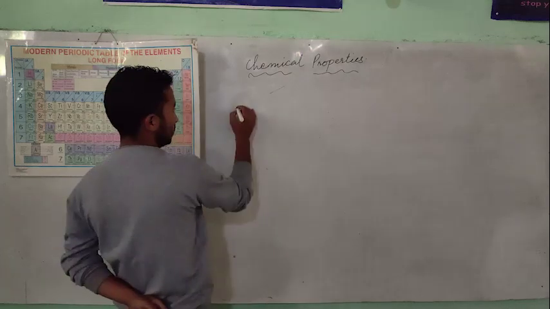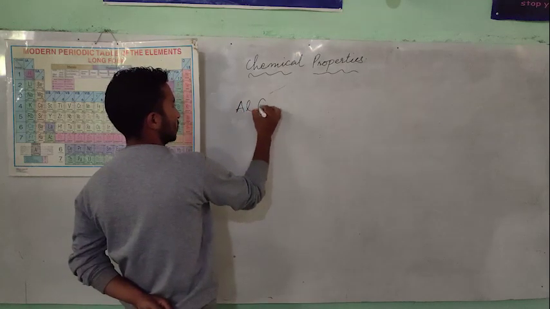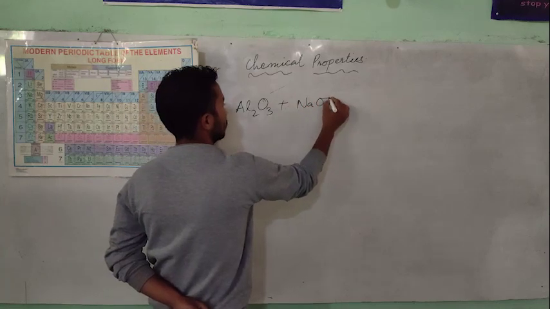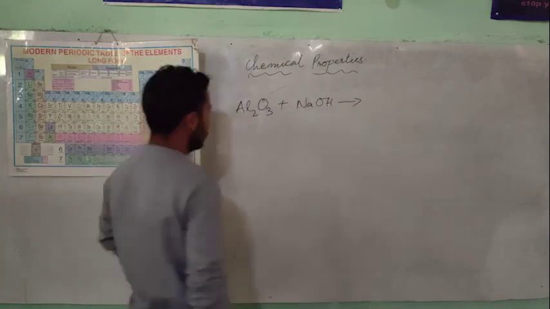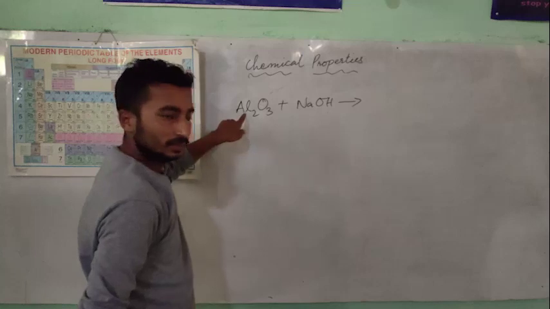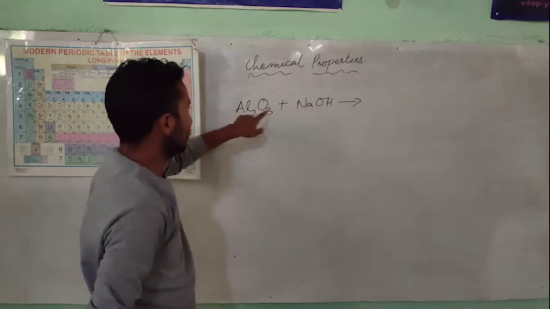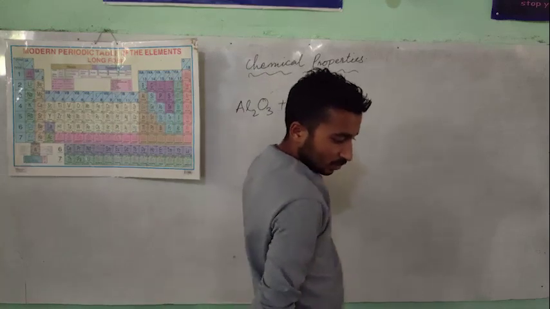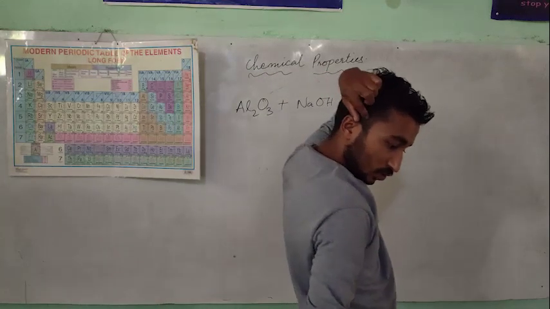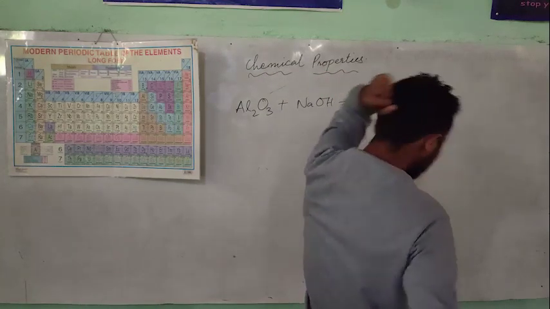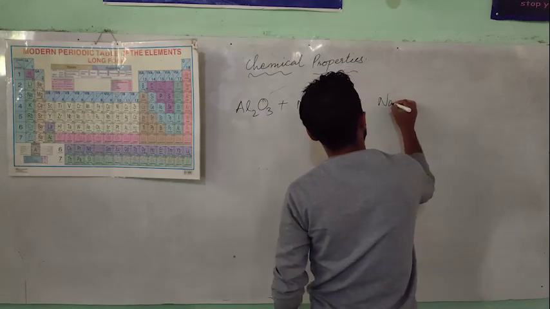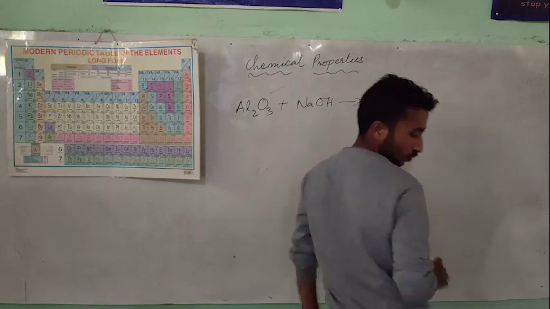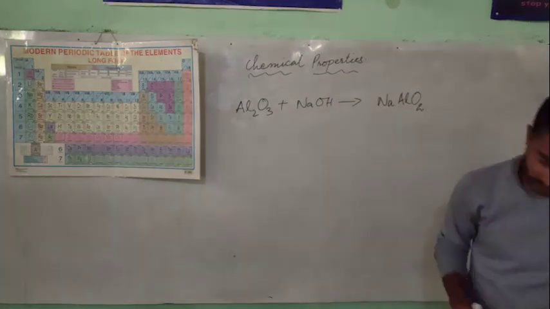So let's see aluminum oxide plus sodium hydroxide. Aluminum oxide is one metal oxide which reacts with the base sodium hydroxide, and when they react with each other, they form a salt called sodium meta-aluminate. So it becomes NaAlO2.